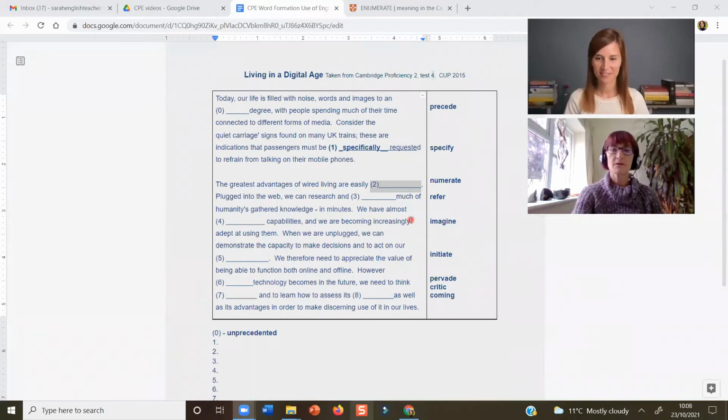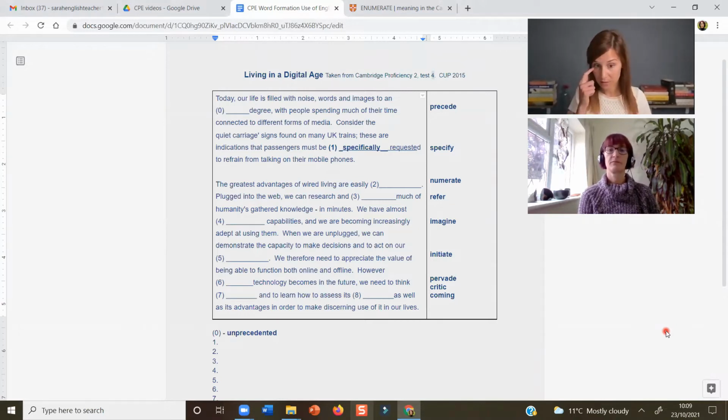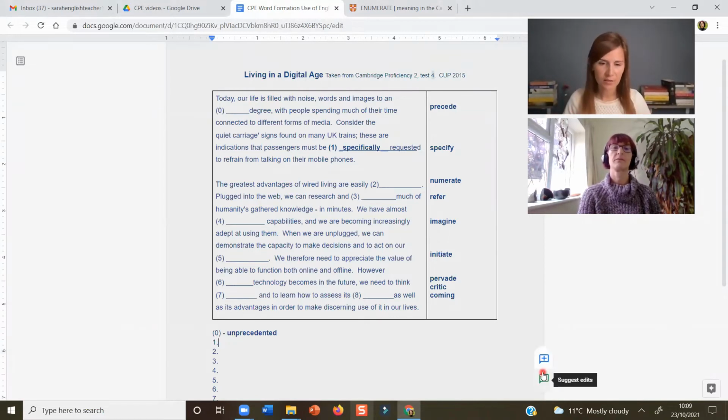So let's look at number 2 next, because I think this is quite an interesting one, with the word numerate. Tell us a little bit about number 2, Sylvia. Well, number 2 is particularly tricky, as after having read the sentence and all the article, I know that here I'm in front of a passive structure.